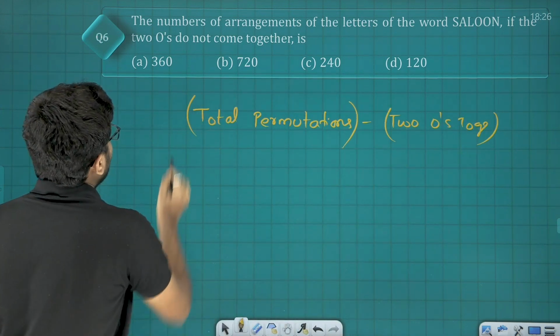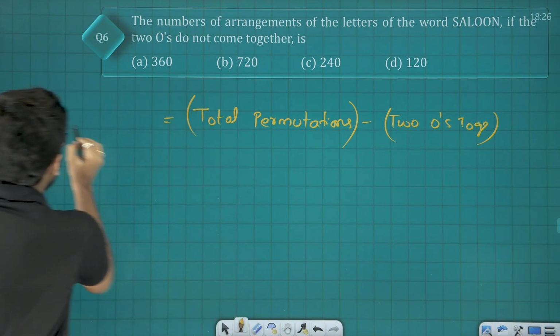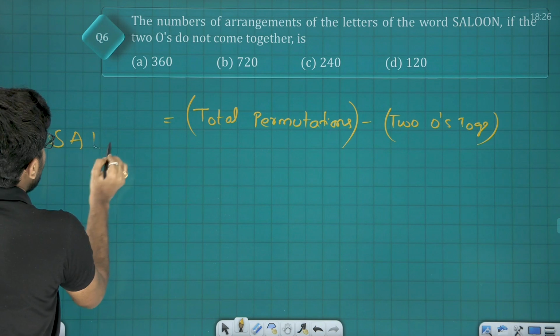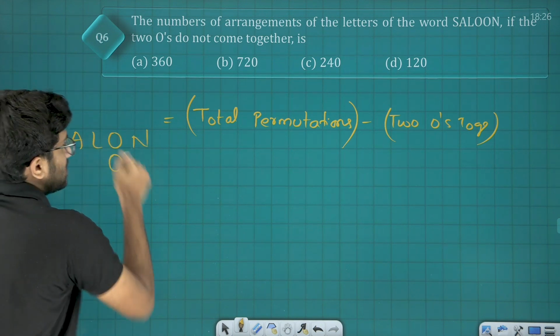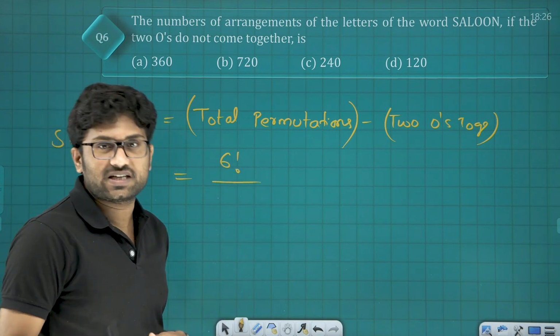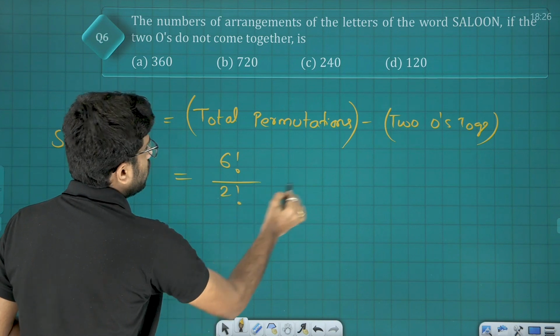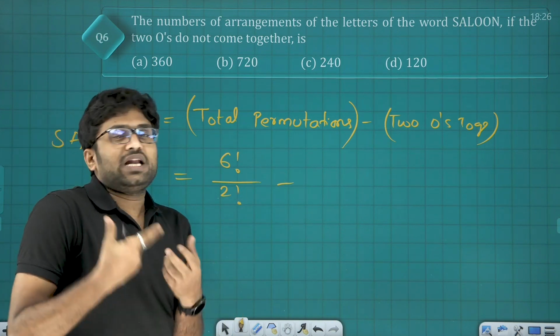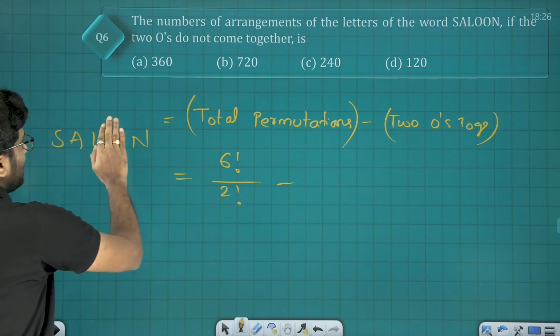So for the total number of permutations, how many letters do we have? SALOON means S-A-L-O-O-N. So 1, 2, 3, 4, 5, 6. Total 6 letters, friends. That means 6 letters can be arranged among themselves in 6 factorial ways. But we have 2 alike. So 6 factorial divided by 2 minus the total number of permutations when we take 2 O's together. 2 O's together means take this as 1 unit.